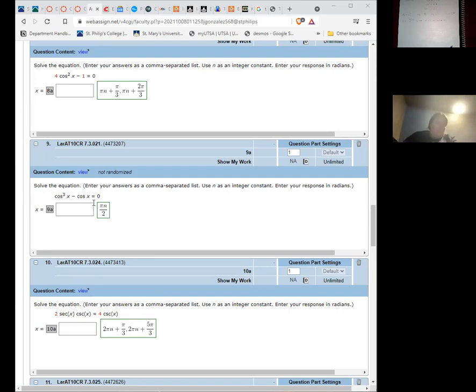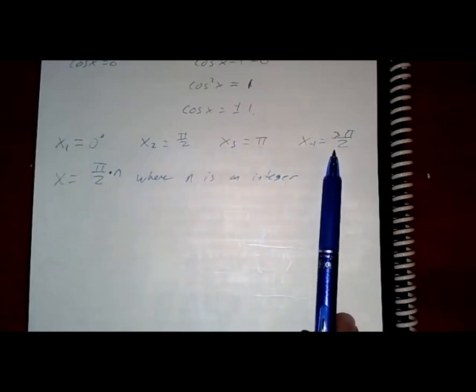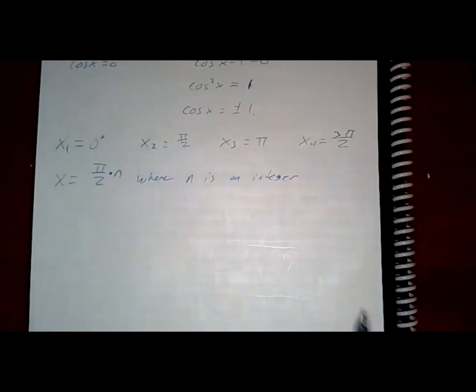Does everyone see where those angles are coming from? Because the first piece was finding them, but they went ahead and combined them into one that represents all 4.